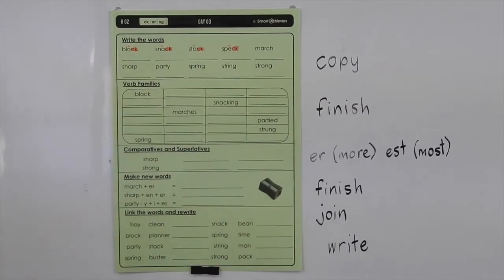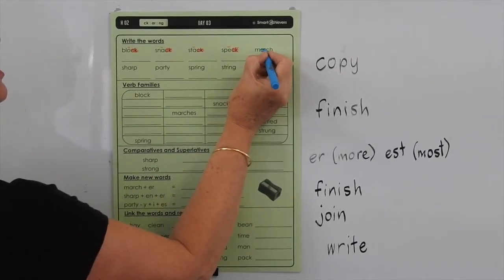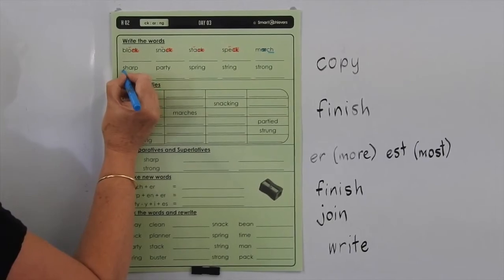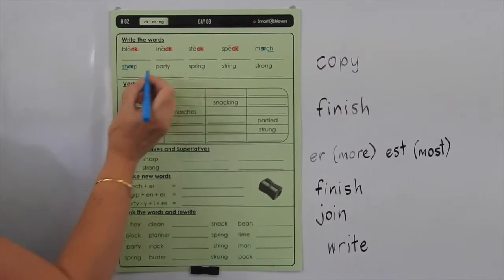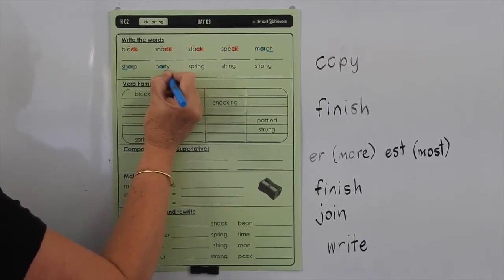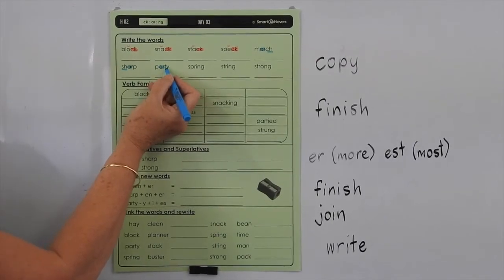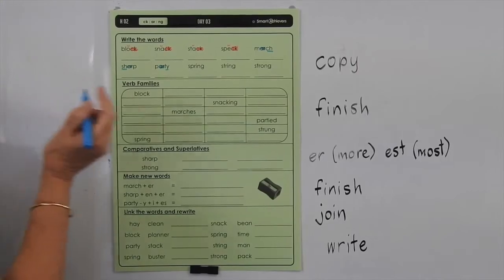Okay, in the next set we're looking at the R-controlled vowel. So we've got march, and we've got the ch making the ch sound at the end. Sharp. Got the sh making the sh sound. Party, and we've got the Y making the E sound on the end of party. So remember we commonly use a Y for the E sound at the end of a word, not EY.